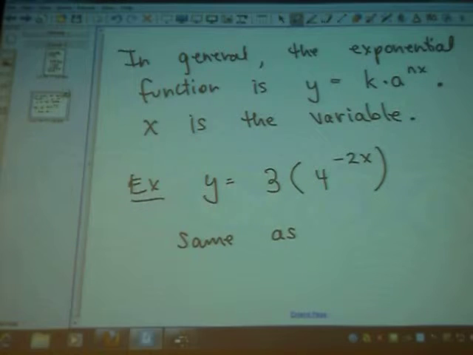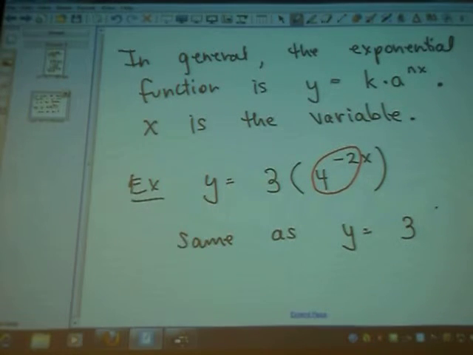Now, what I can think about this as is 4 to the -2, and then all of that raised to the x power. Now, what's 4 to the -2 power? It's 1 over 4 to the +2 power, which is 1 over 16.